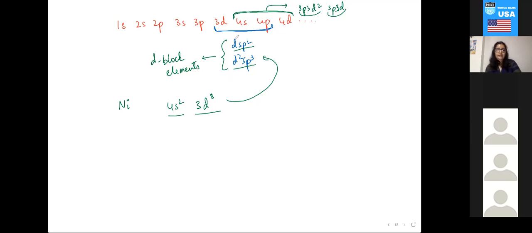Yeah. And dsp2, d2sp3 is more common with D block elements like iron, nickel, cobalt, manganese, titanium, things like that. P block elements like bromine, sulfur, chlorine, phosphorus, you will find only sp3d2 or sp3d. That's like a rule that you can consider.